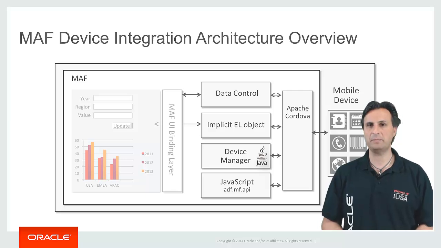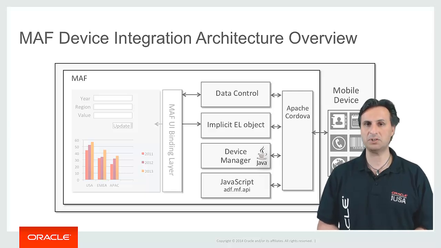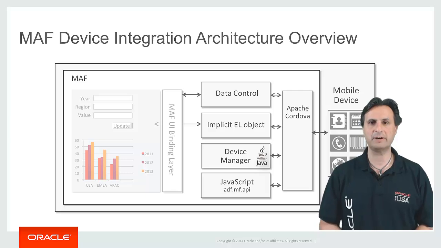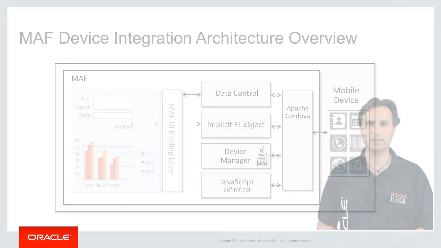And then the options that we provide in MAF to access these are declarative, data control, and implicit expression language objects, or on the feature level using the constraint functionality, and programmatically using the device manager API, which is a Java API, or a JavaScript API, which again wraps the Cordova API to access the device.